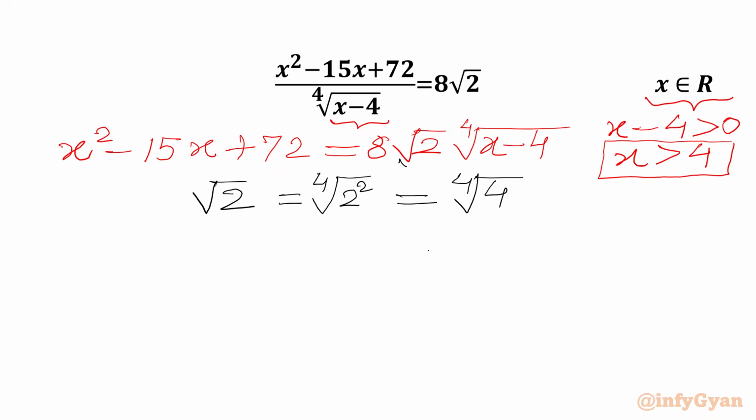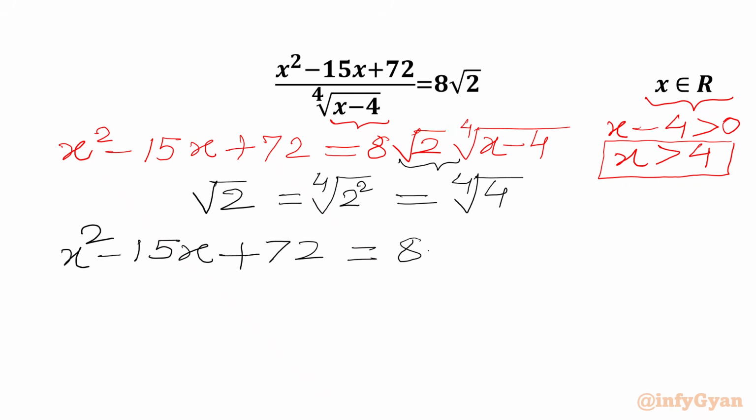So in place of square root 2, we can write 4th root 4. Let's write x square minus 15x plus 72 equal to 8 times 4th root of 4 times 4th root of x minus 4.